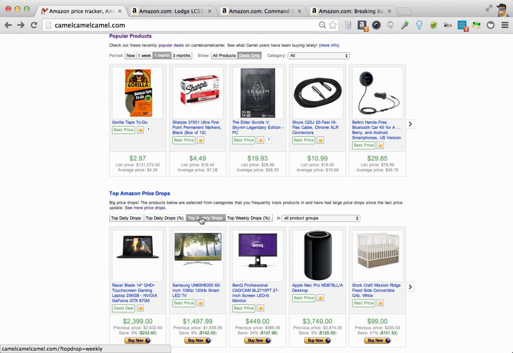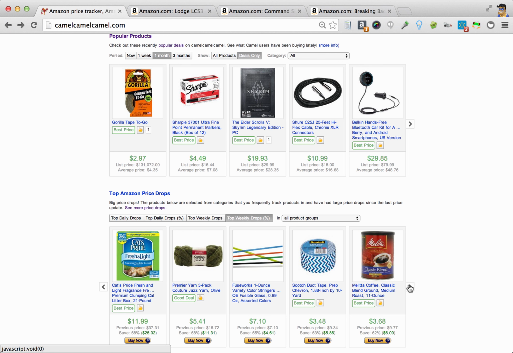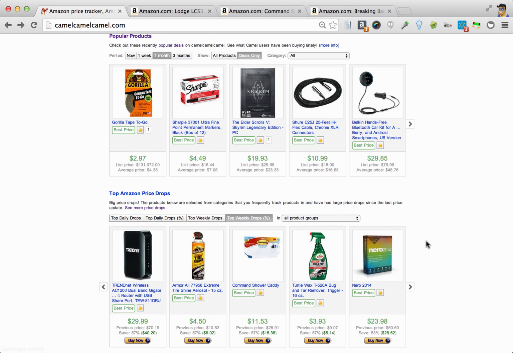Could be the top drops for the week, and top drop for the week percentage. All right, so 83% off, 76%. Because once these aren't in the top daily drops anymore, you're not going to see them if you're only looking at the top daily drops. And if you're not checking this every day, you're going to miss some stuff. Okay, so that's the reason behind that.